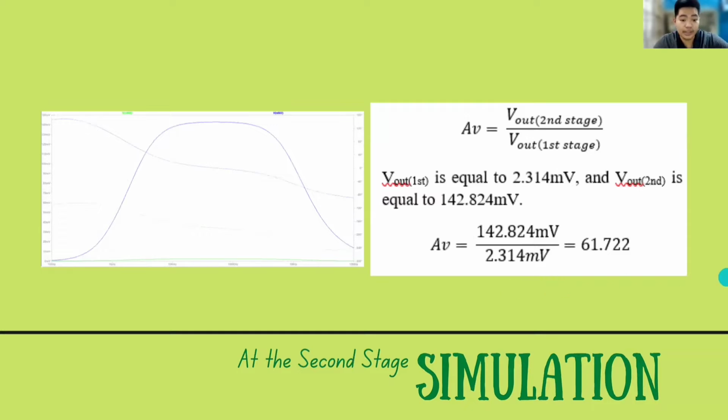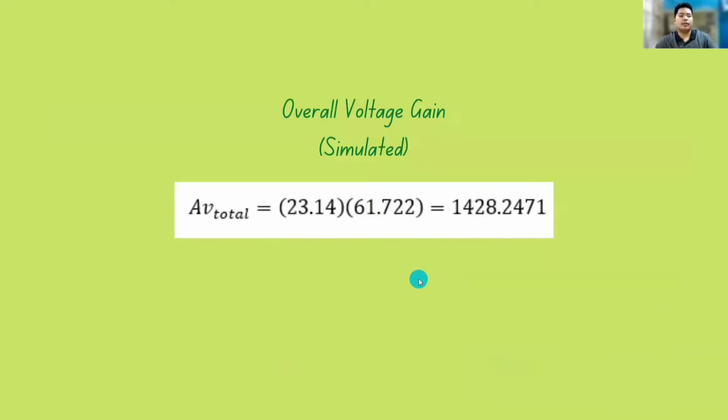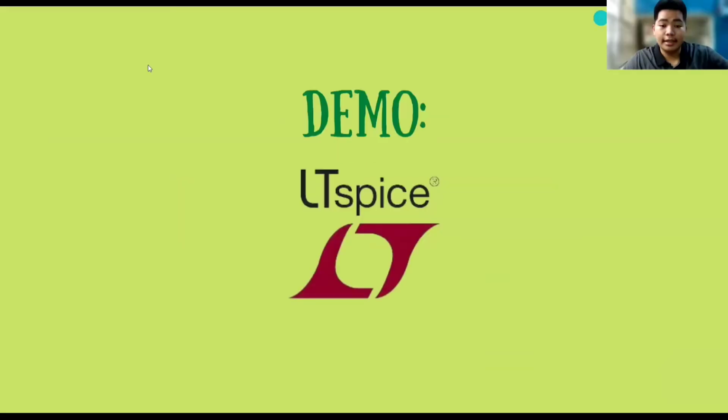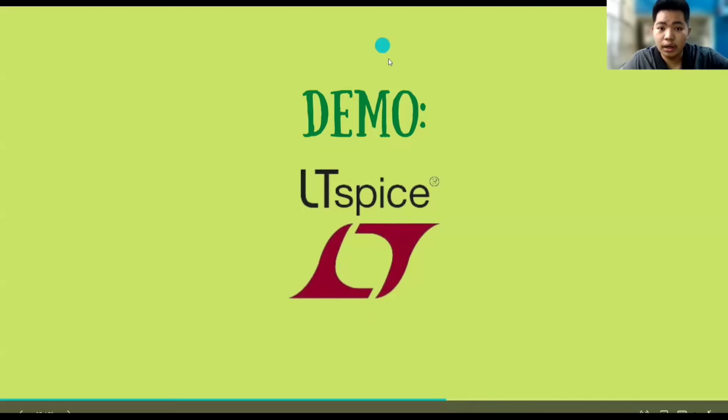Doing the same for the second stage, we get an AV of 61.722. Multiplying these voltage gains, we get the overall voltage gain for the simulated values to be 1428.2471.